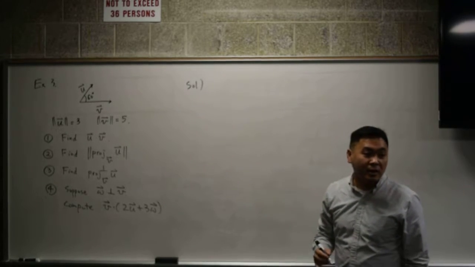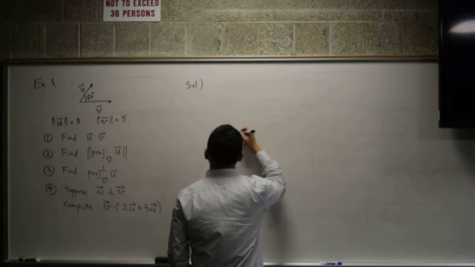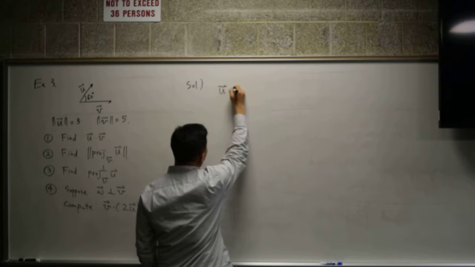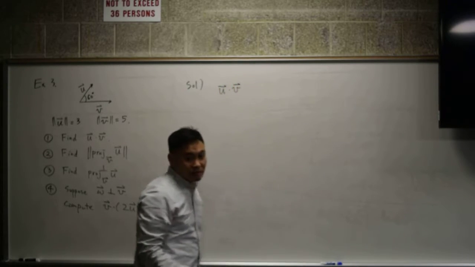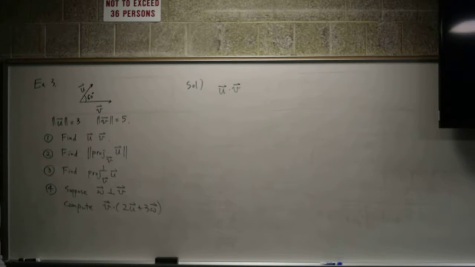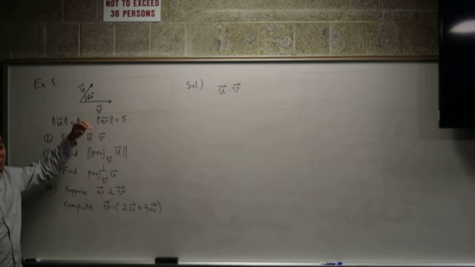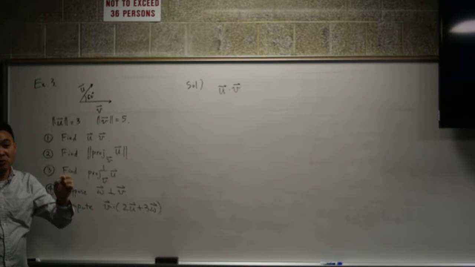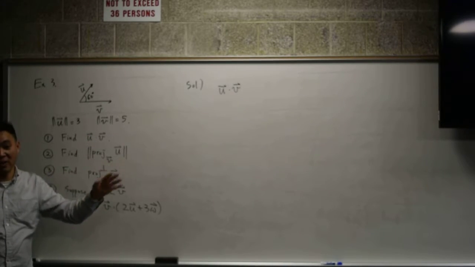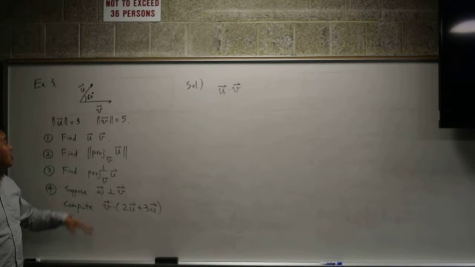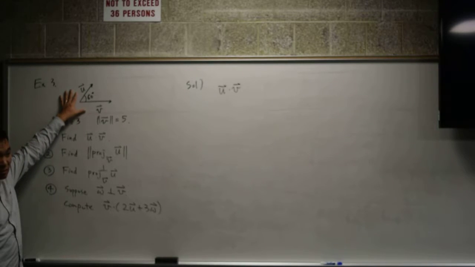All right, first, how do you do u dot v? The magnitude of u times the magnitude of v times cosine 60. If these were given in coordinate form, we would just write down the coordinates and do pairwise multiplication and add. But here, these are not given in coordinate form.